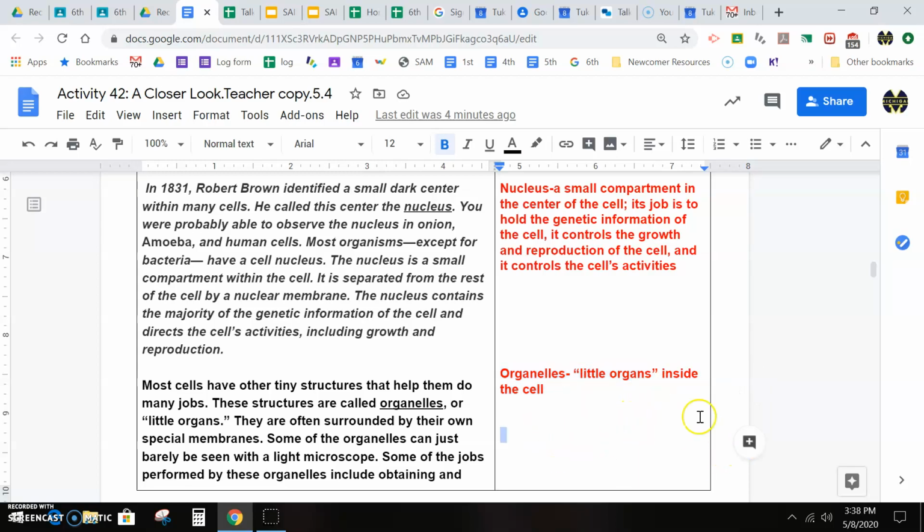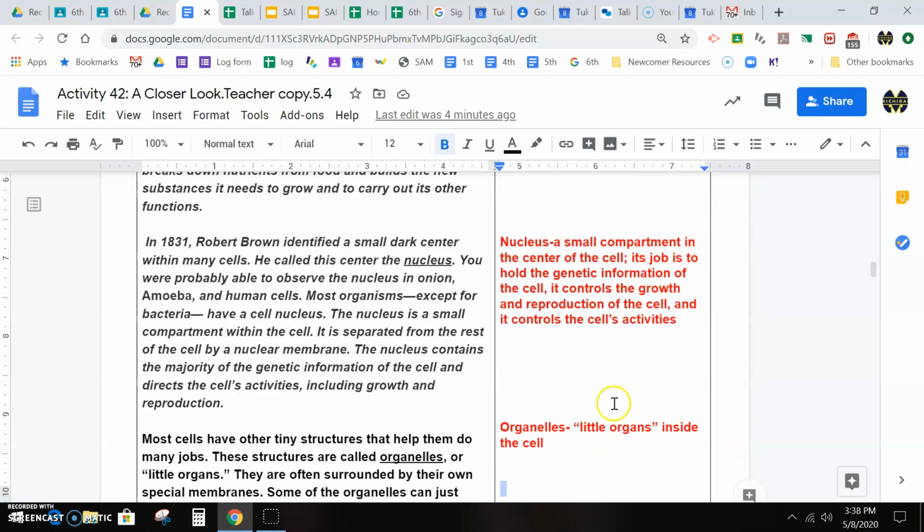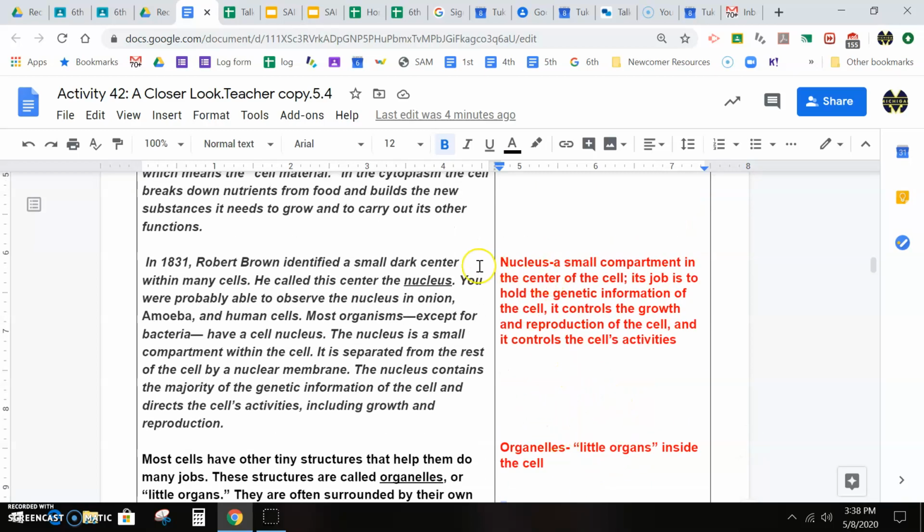And if you want to see my notes, you can send me an email and I can send you this copy. Again, here we have another note about the nucleus. That's another structure inside of the cell, and that's a small compartment in the center of the cell, and its job is to hold the genetic information of the cell.